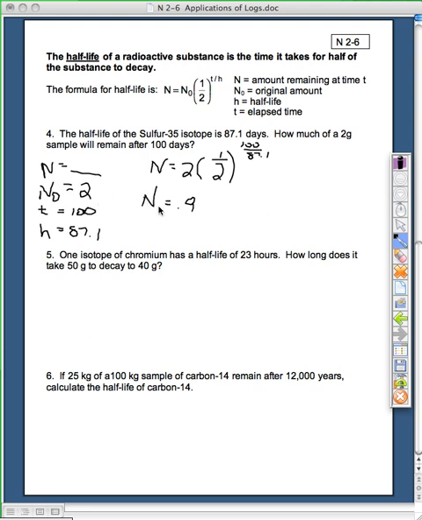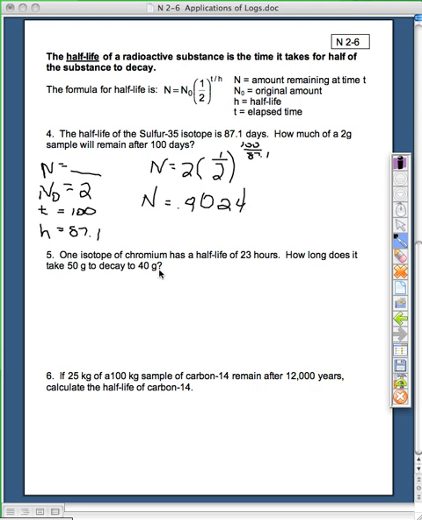I don't have my calculator here in front of me, so I'm limited on what I can get done in that regard. That's going to come out to be 0.9024. I went ahead and put it in the calculator.